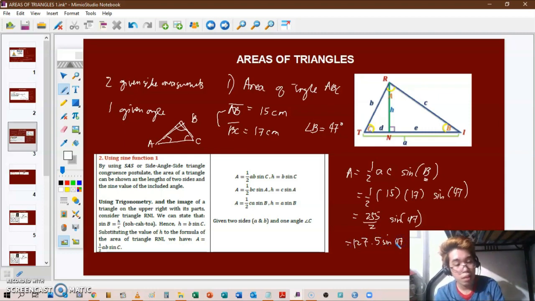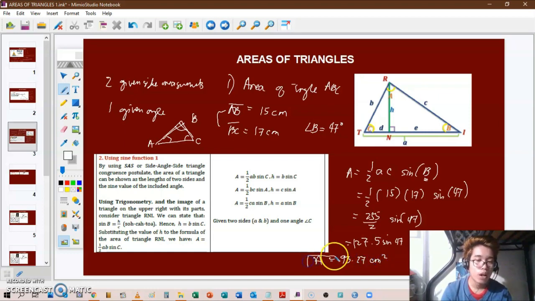So we just simply input on your calculator sine and then 47 degrees, and you get an answer of 93.25 square centimeters. So this is the area of triangle ABC.